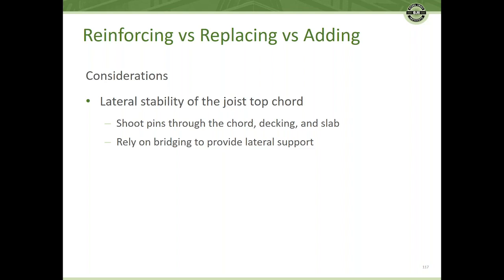So we can shoot pins through the chord or the deck or the slab, or we can add more bridging to that new joist, so the bridging adds the lateral support, and the joist is designed for the unsupported length between the bridging. So that's kind of a major issue that needs to be addressed when we're talking about replacement and adding.